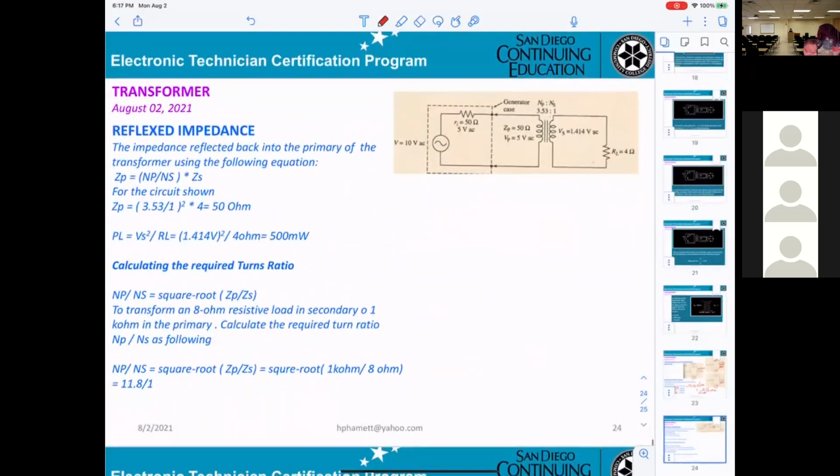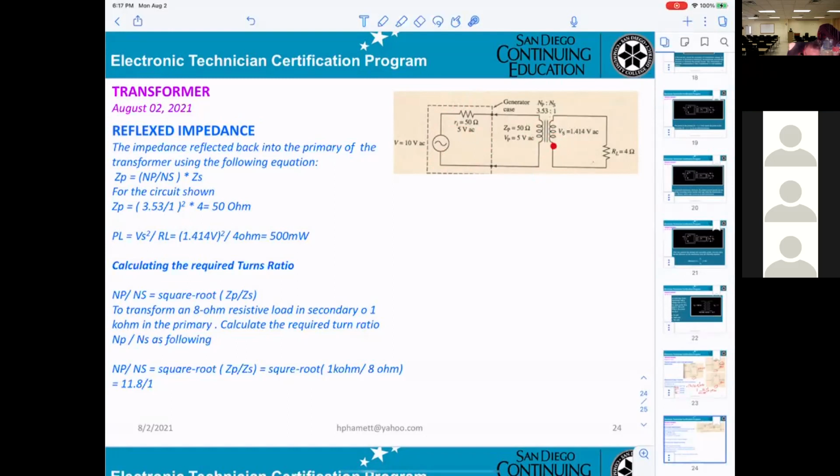Now, reflect impedance. If you're looking into this circuitry here, you get the generator right here, and they connect you the transformer.